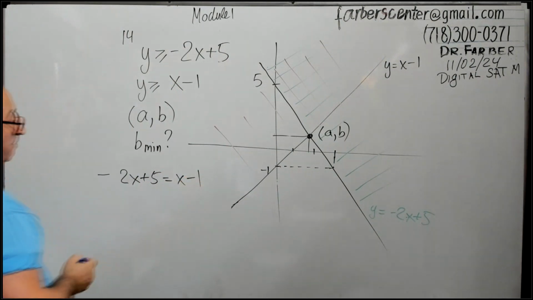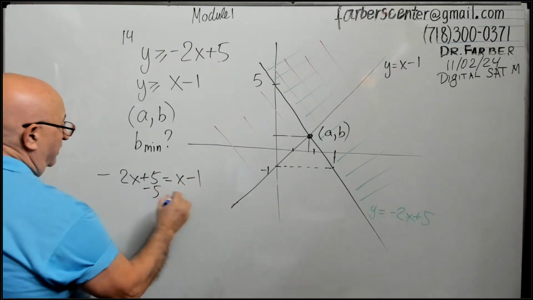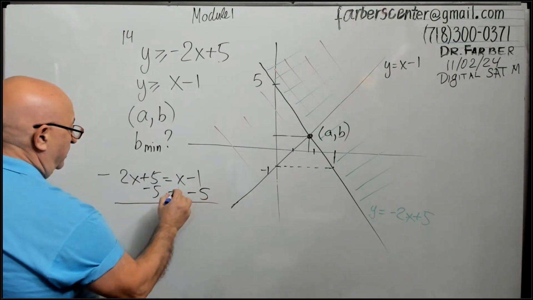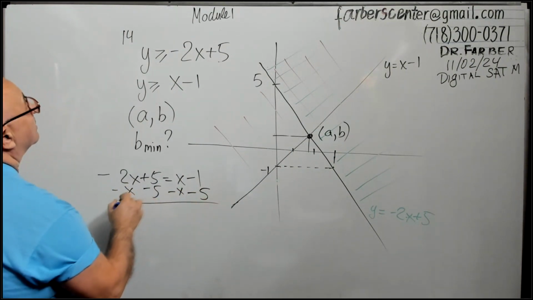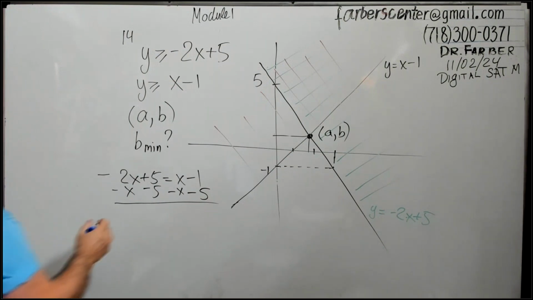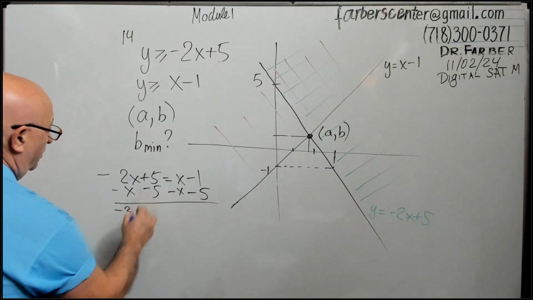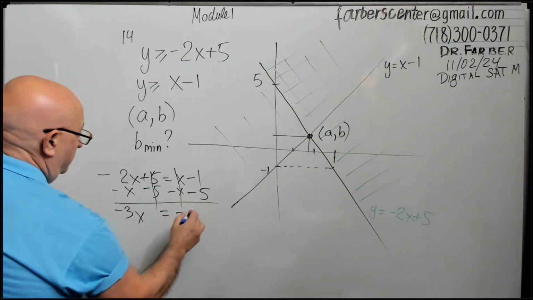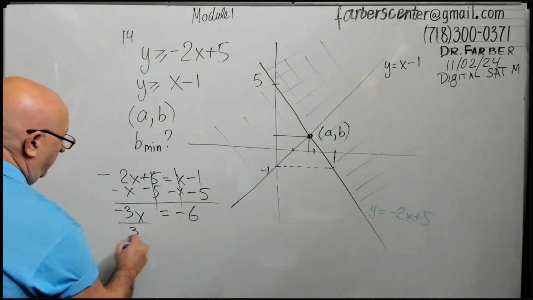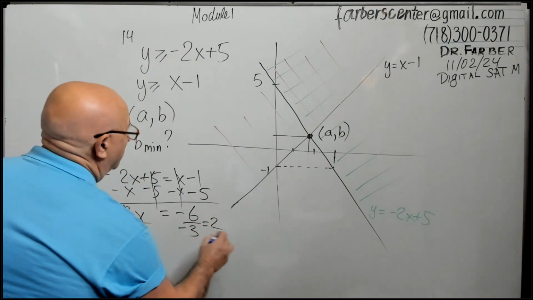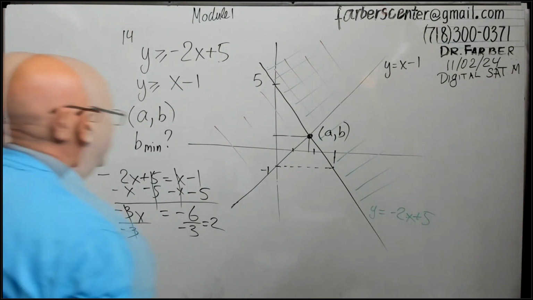They equal. Negative 5 and negative 5, minus x and minus x. And I have negative 3x equals to negative 6, divided by negative 3. x equals to 2. But x is a.